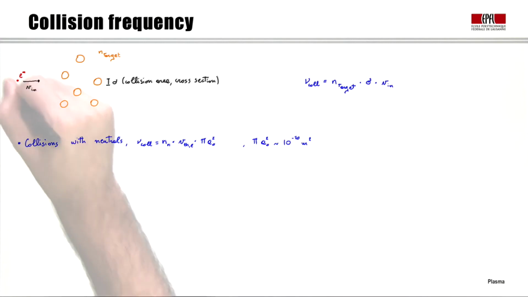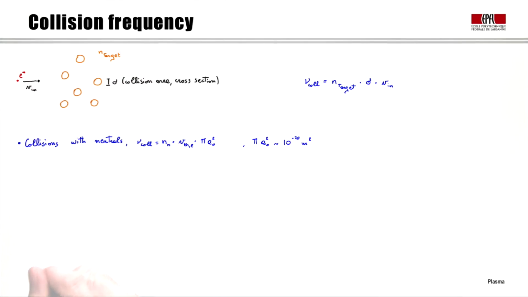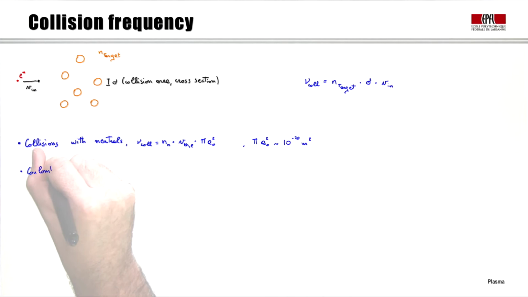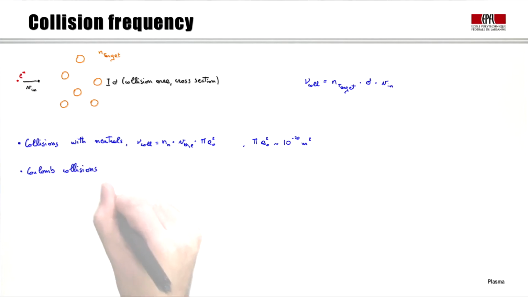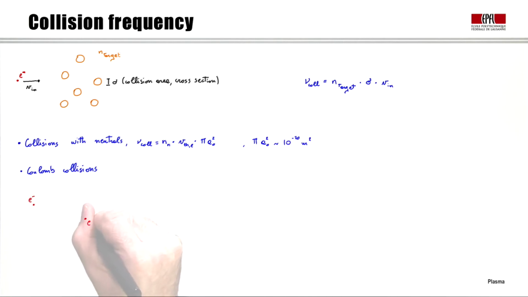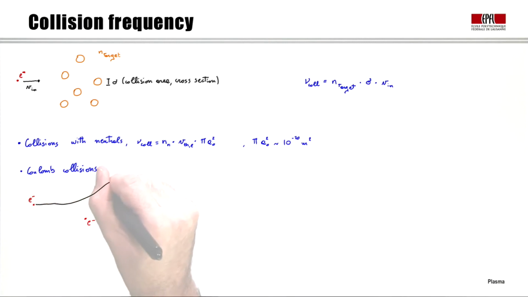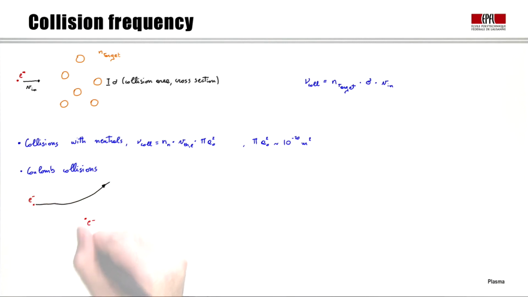But the electron can also do Coulomb collisions with other charged particles. For example, an electron can impact against another electron while moving, and its trajectory can be deviated because of the Coulomb force.